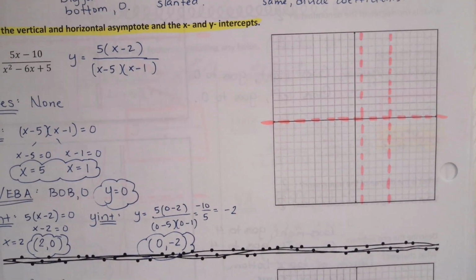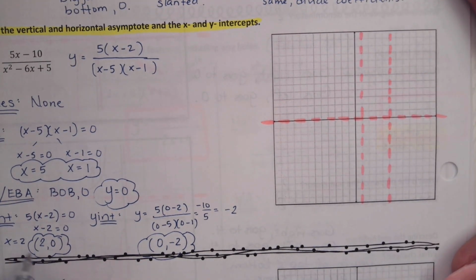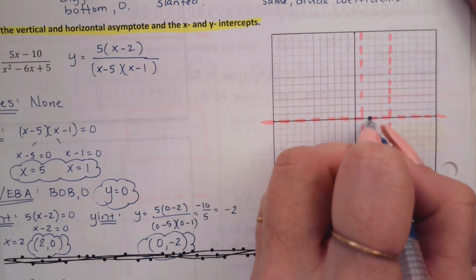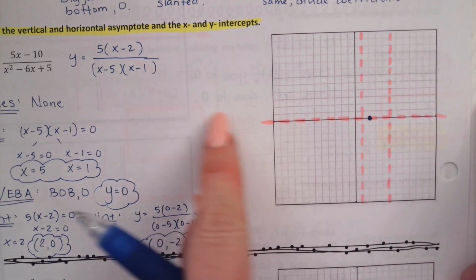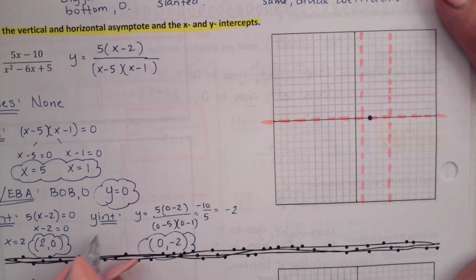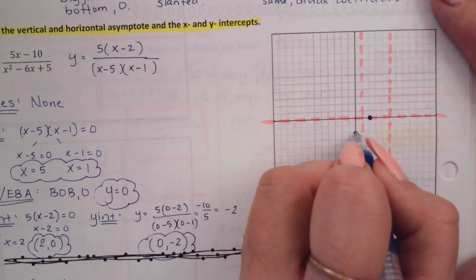It just describes where the ends of your graph are going. It's the end behavior of your graph. I have an x-intercept at 2, 0, which is right on the end behavior asymptote, which is allowed as long as the ends of my graph head there. And then I have a y-intercept at 0, negative 2.